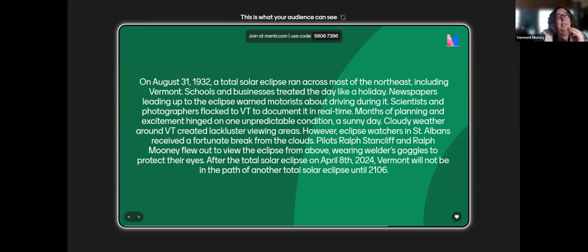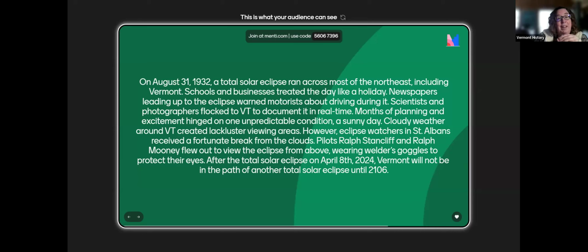I think this is a really great example. There's some very factual information in there about the eclipse and what was going on in 1932, but it uses characters. So two Ralphs, I guess, who flew out in this valiant effort to see an eclipse in their plane, with this break in the clouds, and this really compelling information being shared.